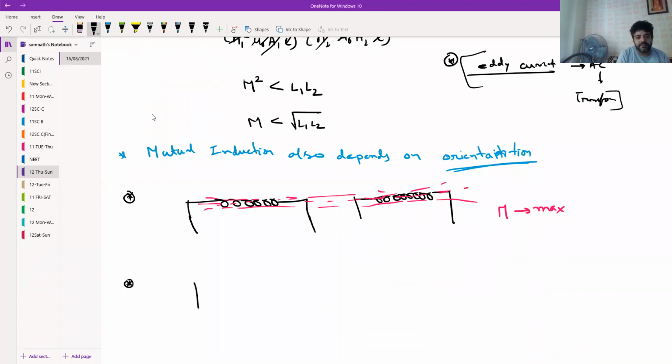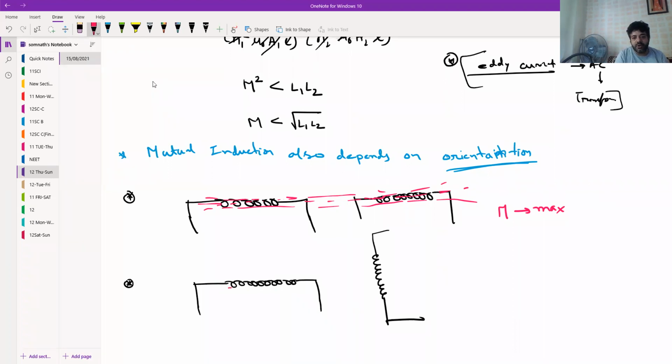Now the second part. This is the primary coil and this is the secondary coil. If we put the primary and secondary coil in that way, then what happened?